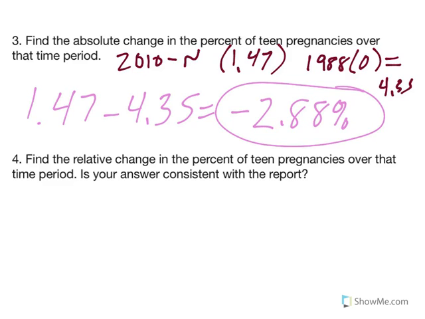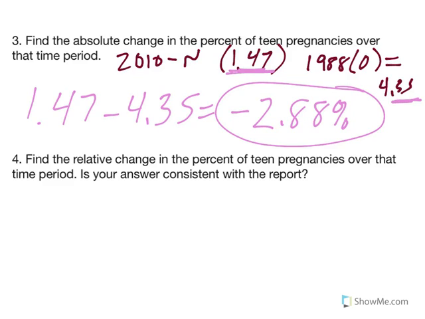So if you think about it, in 1988, if we had 100 pregnant teens in a room, 4.35 of them would result in an abortion. Whereas in 2010, if we had 100 pregnant teens in a room, only 1.47 of them would result in abortions.